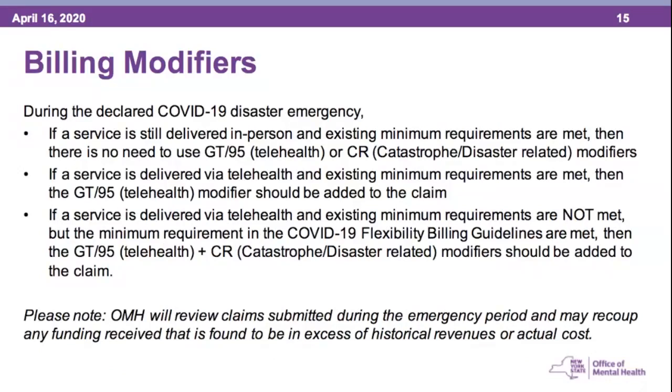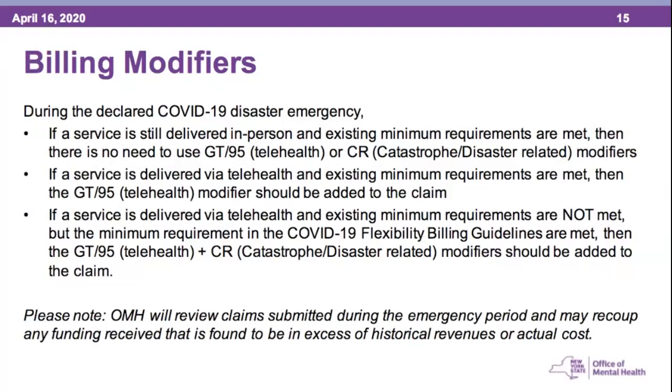If a service is delivered via telehealth and the existing minimum requirements are met, then the GT or the telehealth modifier would be added to the claim. And then lastly, if a service is delivered via telehealth and the existing minimum requirements are not met, but the minimum requirements under this COVID-19 flexibility billing guidelines are met, then you would add the GT and the CR modifier to the claim.